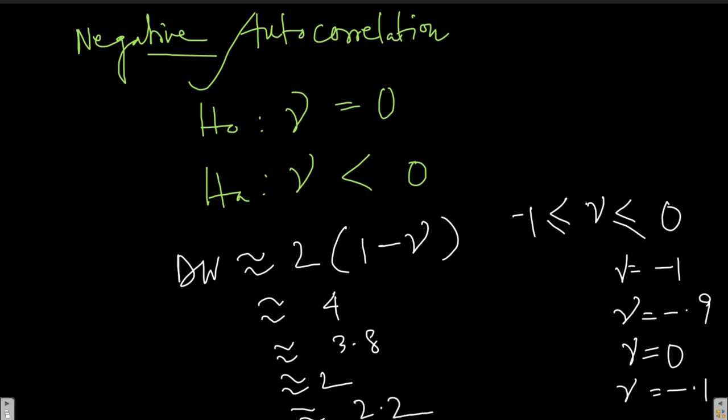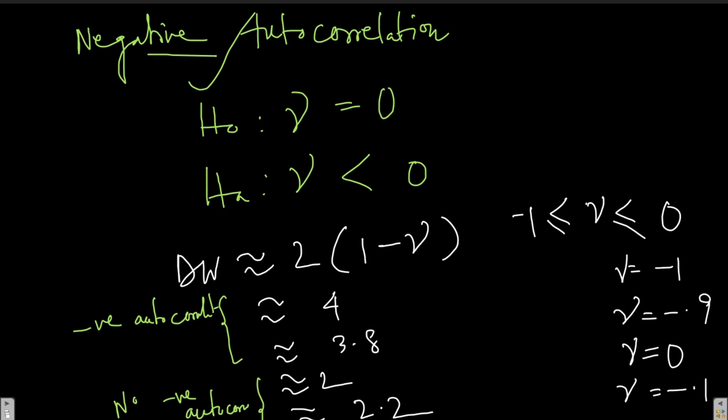So what we see here is that if my DW stat is close to 4 or very high, then I will say that there is negative autocorrelation. Whereas if it is close to 2, we say that there is no negative autocorrelation.